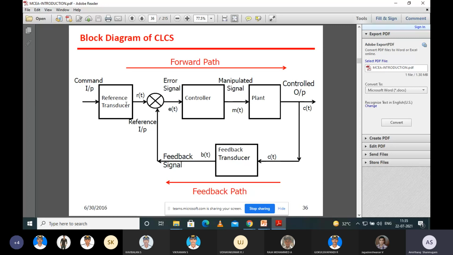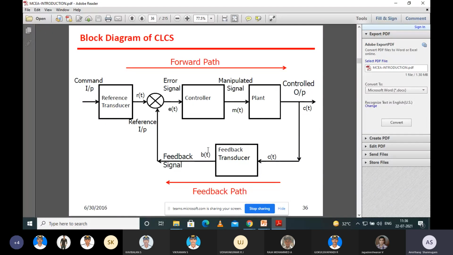The reference input is given to our comparator, and also another one, the feedback signal. The transducer can transfer the signal, so don't be confused about the transducer. The feedback signal is taken and converted into an acceptable form for comparison. That is why we need a transducer.